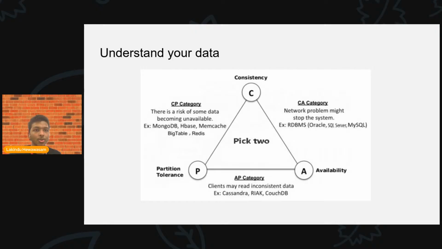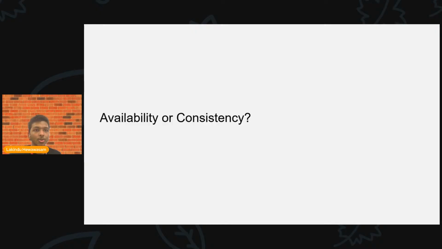So it might not be able to handle specific delays in your data, and your data might not always be available when you need it to be. So figure out if you want availability or consistency, and depending on that, you can select the right database system.